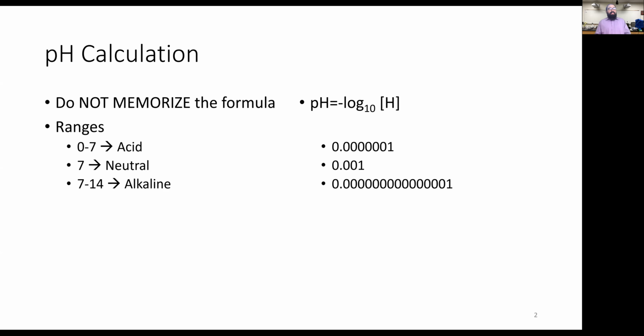The idea behind it is, rather than trying to punch all this into your calculator, you already have the answer. This little thing that says log base 10, allow me to use my highlighter.